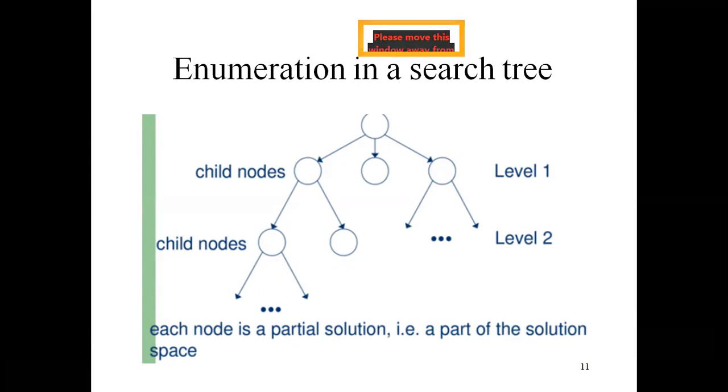According to our dictionary, the meaning of enumeration is the action of mentioning a number of things one by one. So the complete enumeration of all possible states.